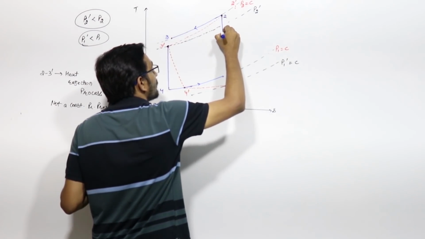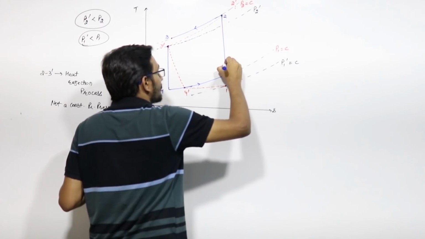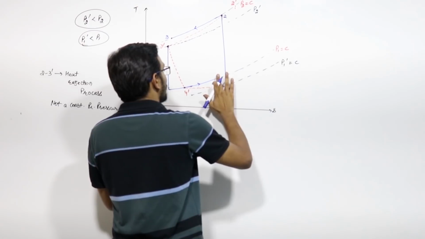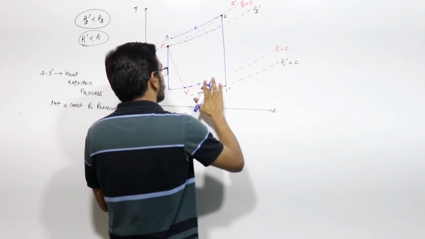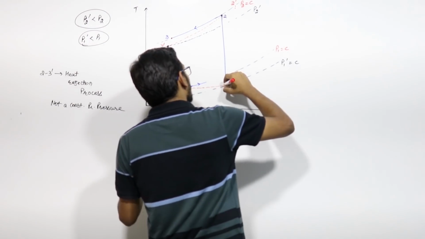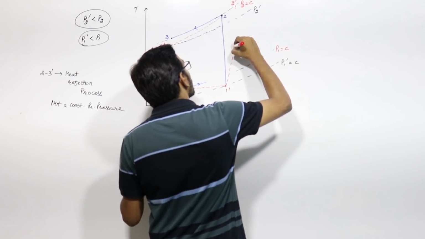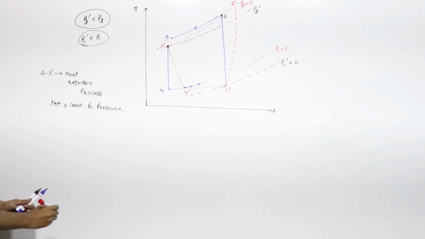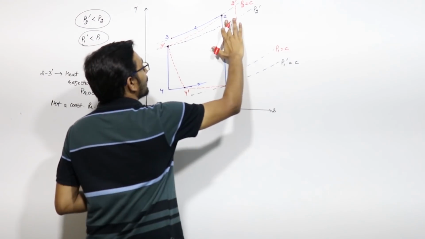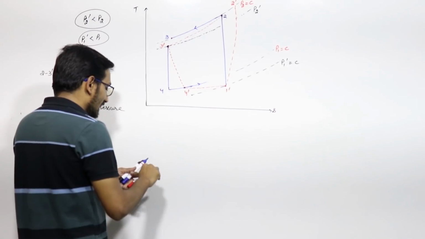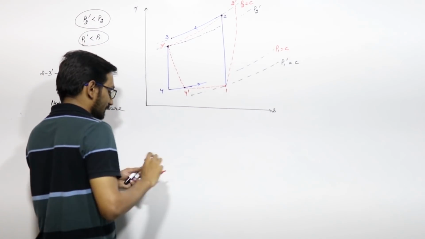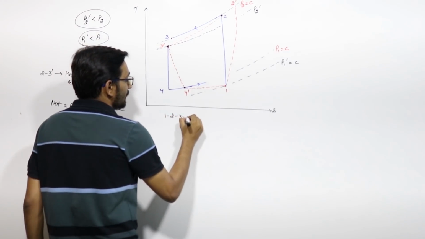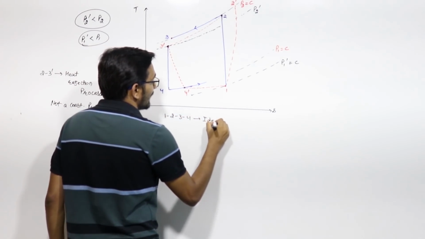If I extend this up to P1 dash, and this will go like this, P2 dash. So this is the cycle. The actual cycle is this one. Let us say this is point 1. So point 1, 2, 3, 4 is the ideal cycle.